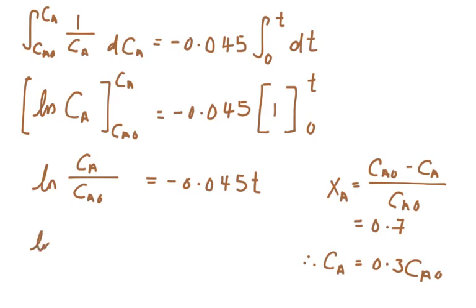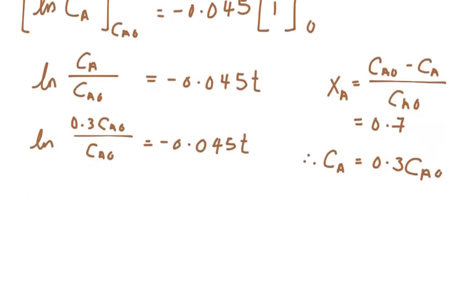So you have ln(0.3 CA0/CA0) equals negative 0.045 t. Now with this, you can solve the equation easily because CA0 and CA0 cancel out. Therefore, you will get a time of 26.75 seconds.